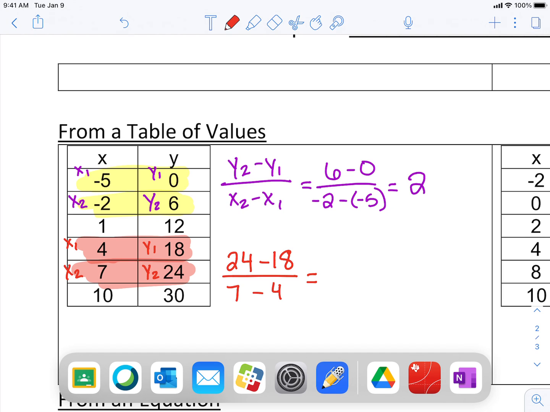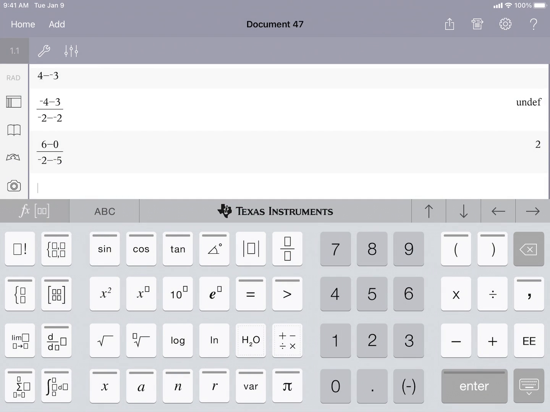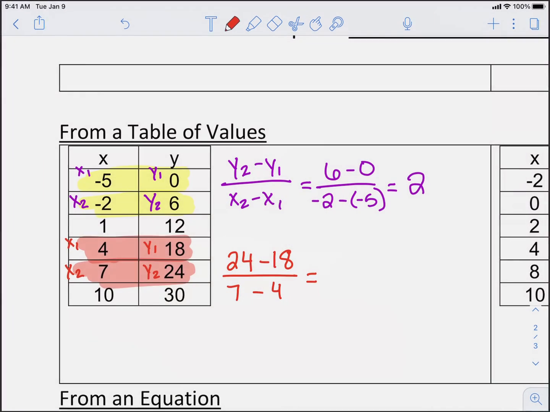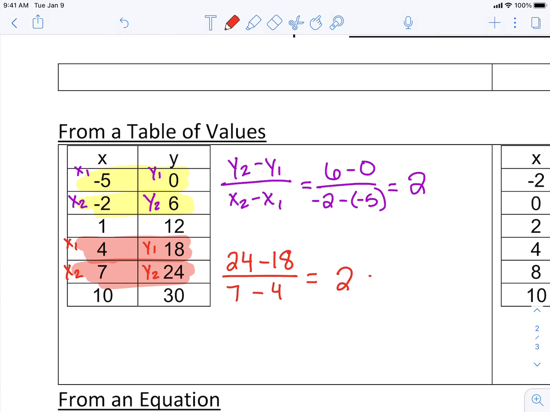So we're going to type that into the calculator. And then 7 minus 4. When we do that, we also get 2. So I'm hoping that you see it doesn't matter what 2 points you pick, the slope is going to be the same, when it's a linear function. It has that constant rate of change.